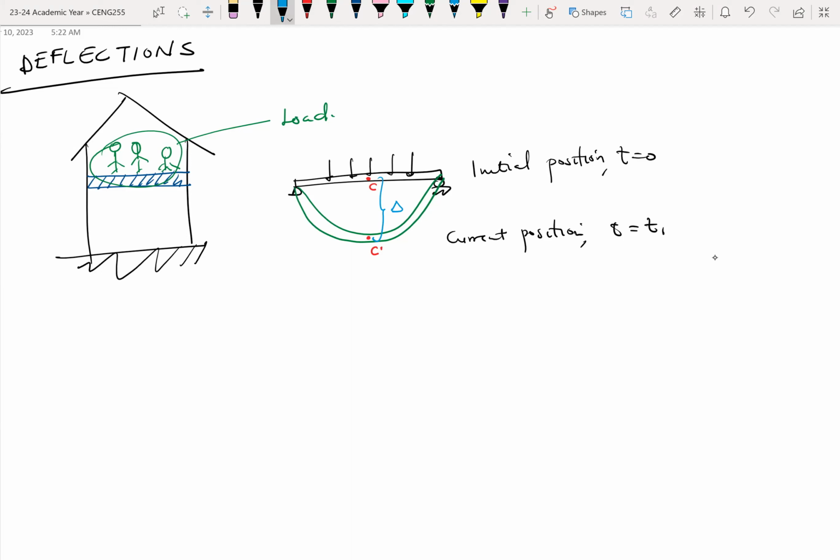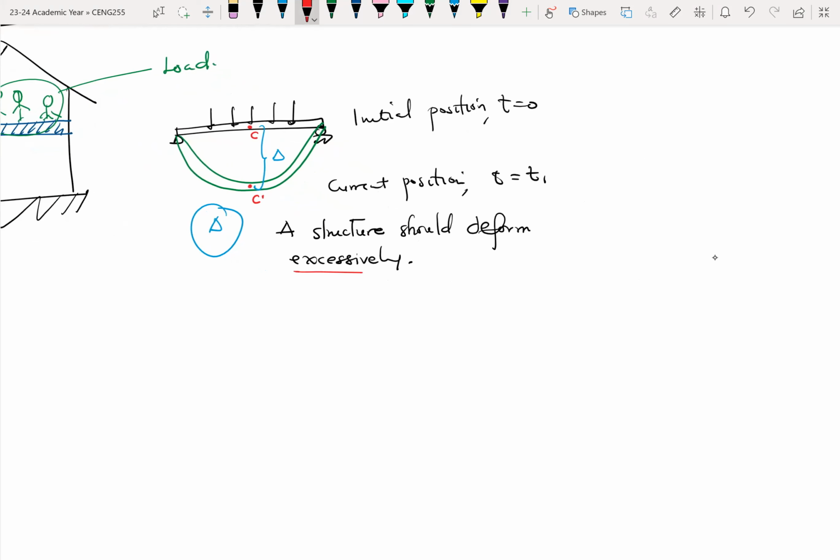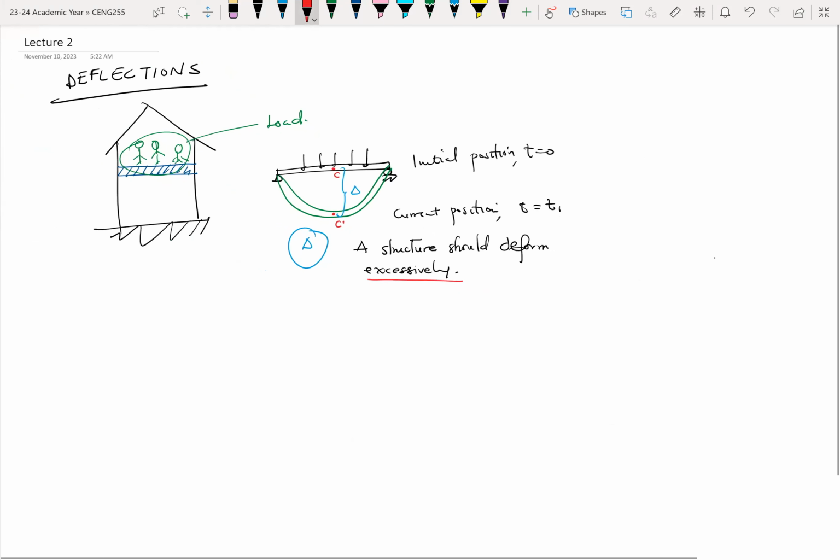And this deflection is critical to us as engineers in the sense that when we're defining what a structure is, one of the key things that we mentioned was that a structure should not deform excessively. The key word here is excessively, which means that there would be some deformation occurring.